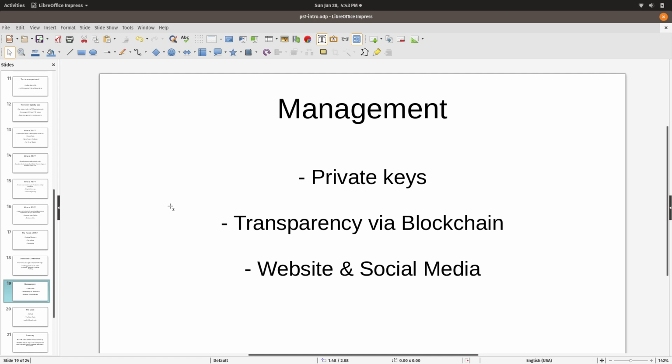And even though we are building tools for privacy, the organization itself will operate in a very transparent manner, and we expect our community to keep us honest upon that. And we have a website and we have social media, and the management will use that to communicate with the wider community.